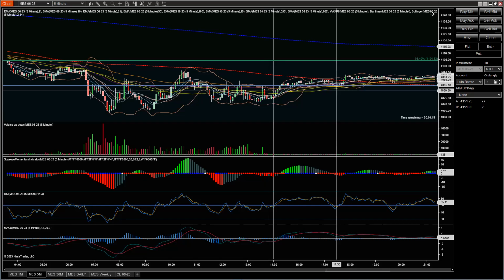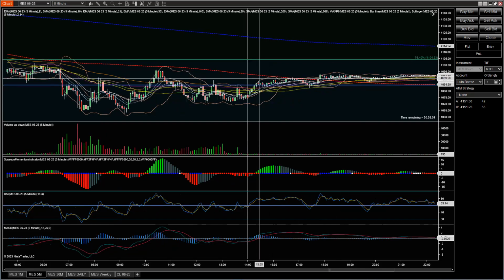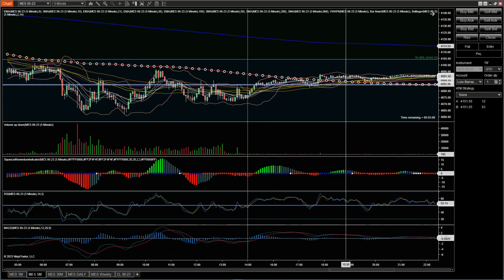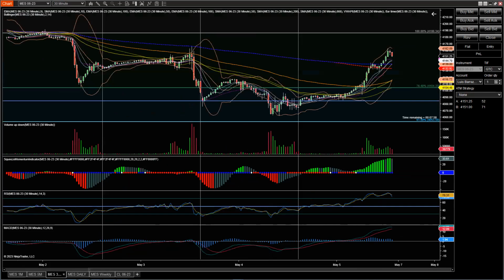When I seen this right here, I knew it was gonna pop. And then you see how it held this 200? So now I'm looking at the 200. Does the 200 support what I think about the 30 minute? You know what I'm saying? Or is it contradicting? Sometimes it does.